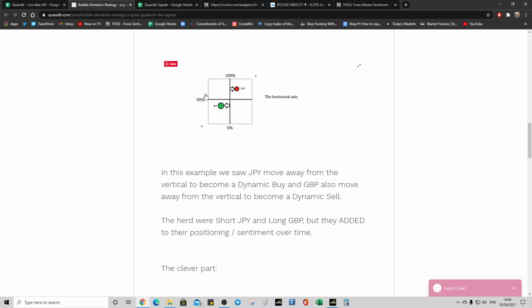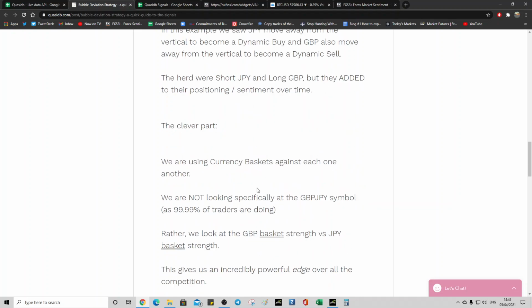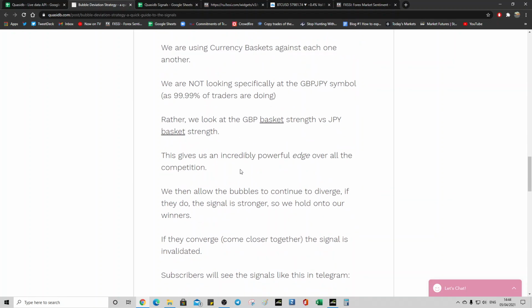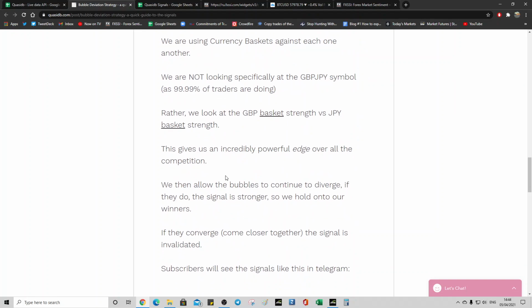You see how it's massively more powerful than just looking at the pound yen. You're looking at whether the pound currency basket is a buy or sell, and whether the yen currency basket is a buy or sell. That's the very, very clever part. This gives us an incredibly powerful edge over our competition.